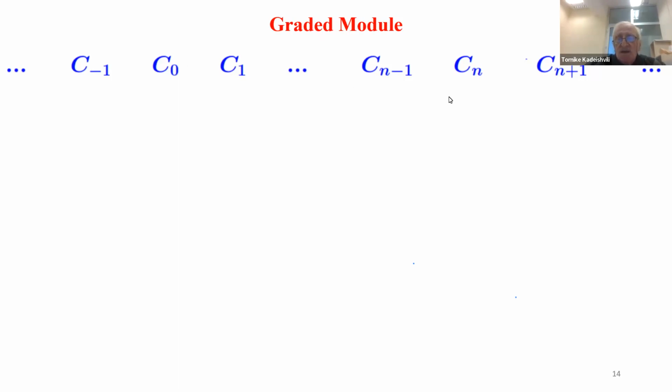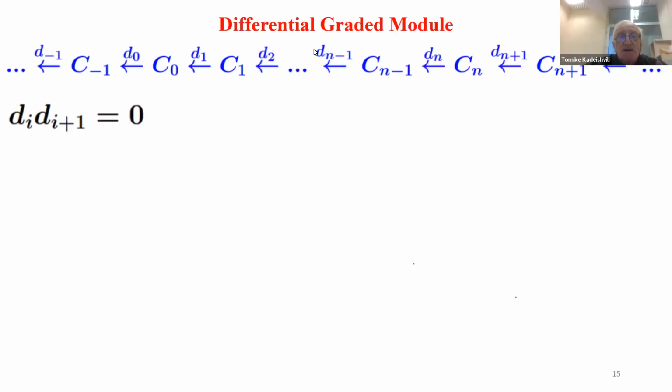It's a collection. After a couple of years, it was discovered that not graded but differential graded is more important. So there are maps, differentials, with the condition dd equals 0.